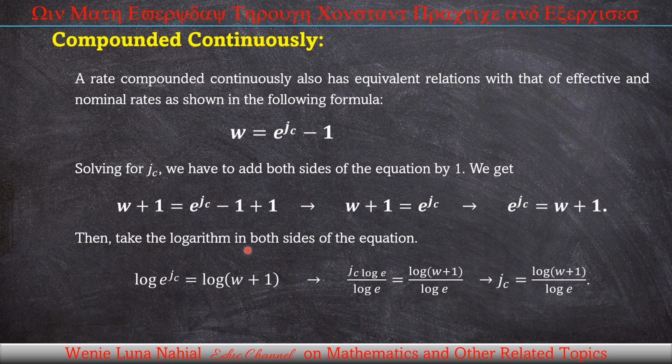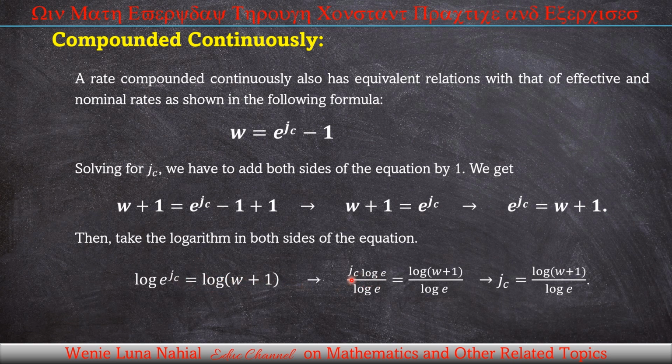So we have to take the logarithm in both sides of the equation. So the logarithm of e raised to j sub c equals the logarithm of the quantity w plus 1.